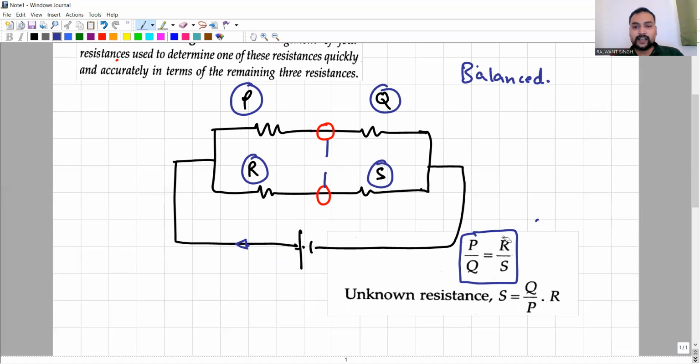Conversely, if the ratio of the resistances is P over Q equal to R over S, then you can conclude no current is going to flow between these two points.